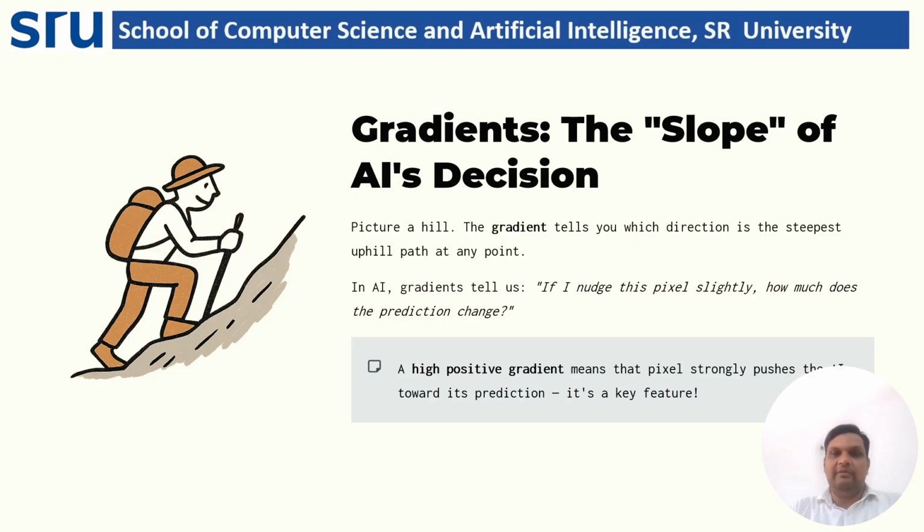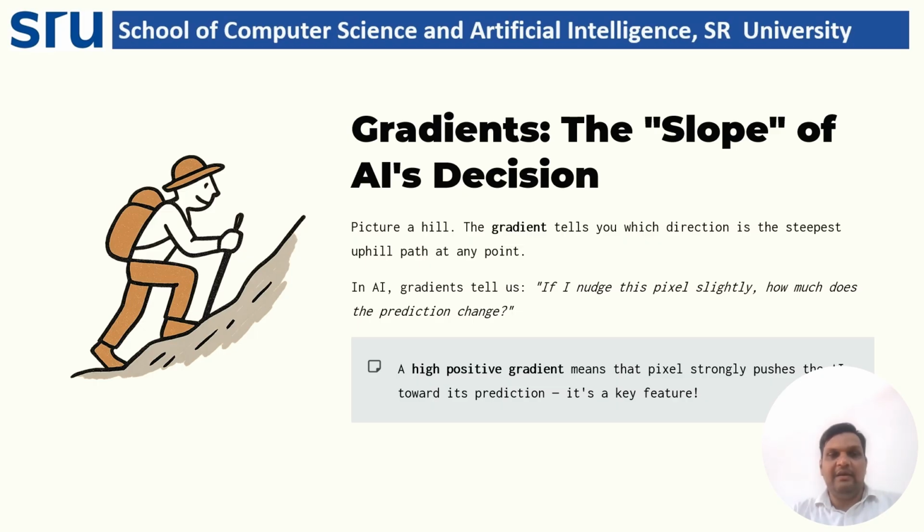Gradient, the slope of AI decisions. Picture a hill. The gradient tells you which direction is the steepest uphill path at any point.